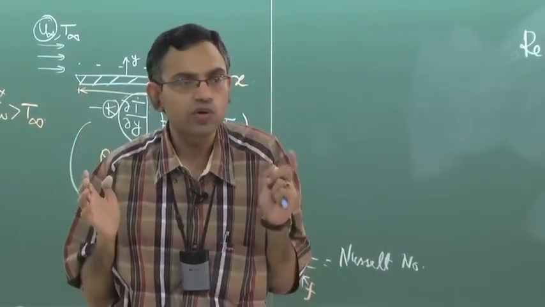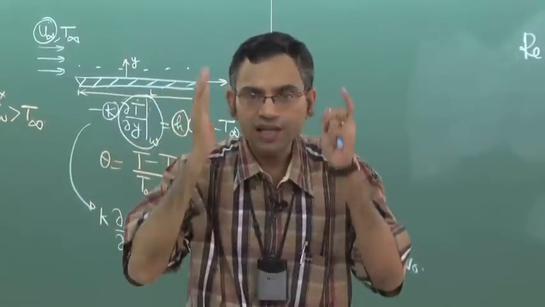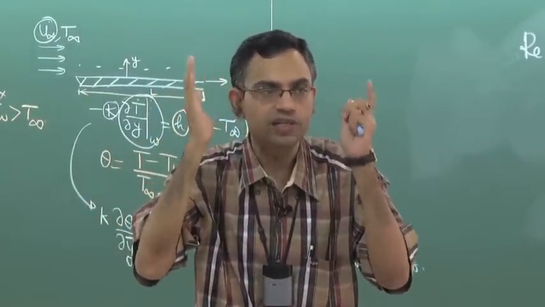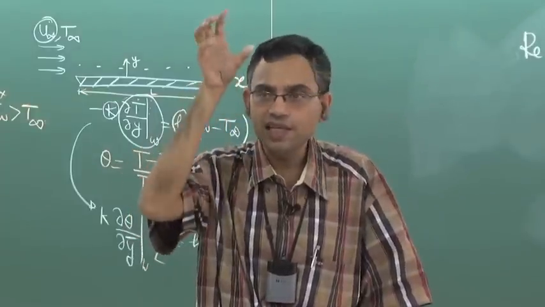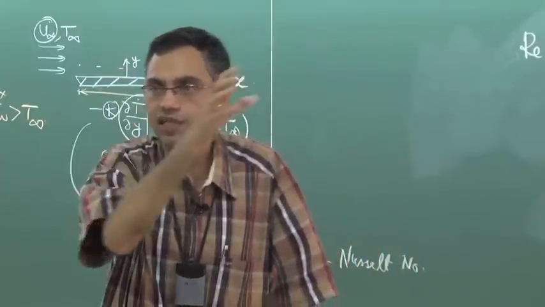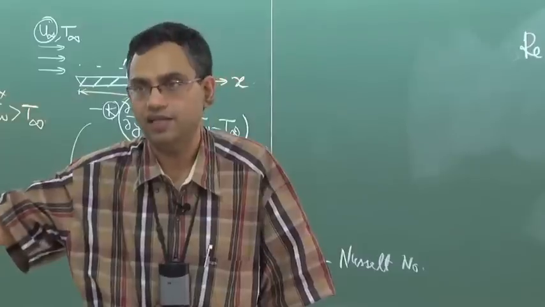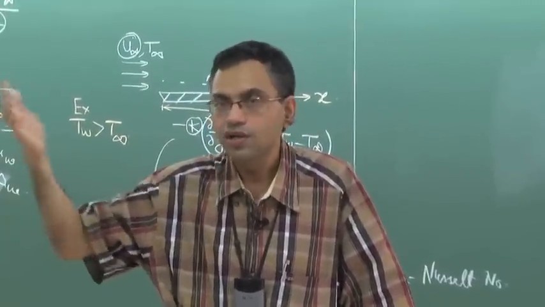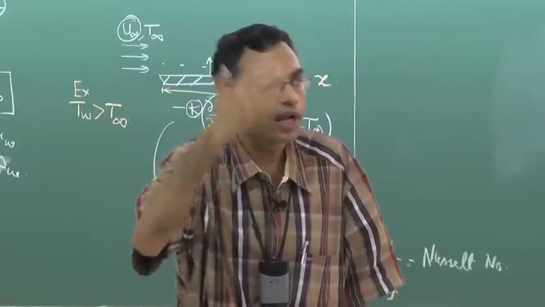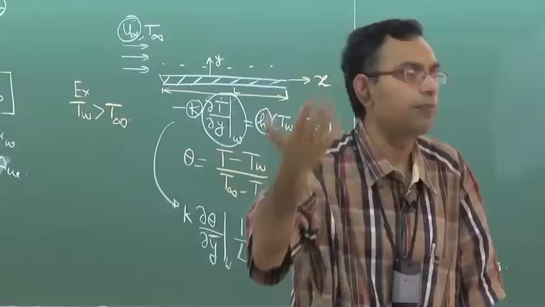So instead, what do you do? You focus your attention on a specific location, as if you were sitting with a camera focused at a particular location and seeing what change is taking place across that, what fluid is coming in and what fluid is going out. So that approach is known as the Eulerian approach or control volume approach.